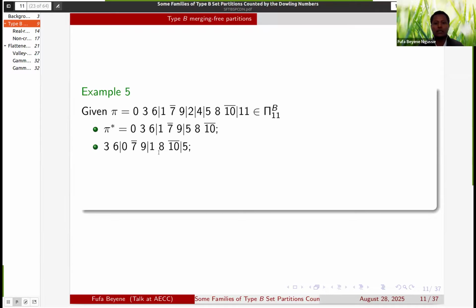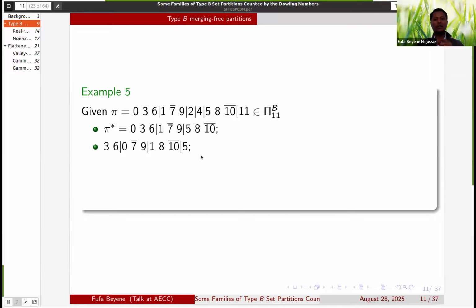Starting from the last block of pi star, we move the minimal element to the following block. So this minimal element 5 will create a new block here. And then after that, we move 1 here to the next block so that we have 1, 8, 10 bar. And the 0 is minimal here. We move it to the next block, obtaining 0, 7 bar, 9.